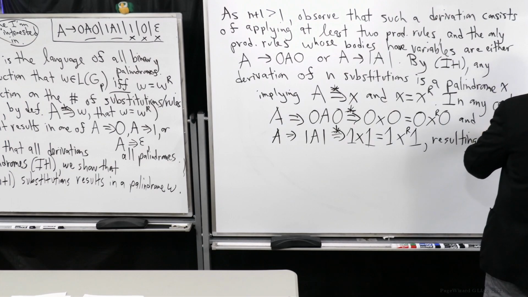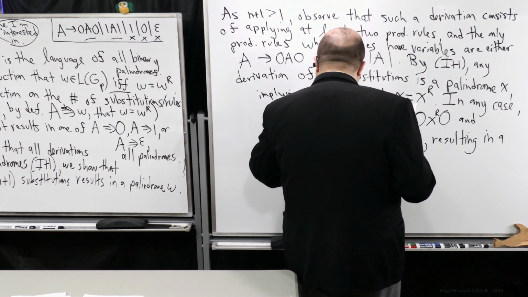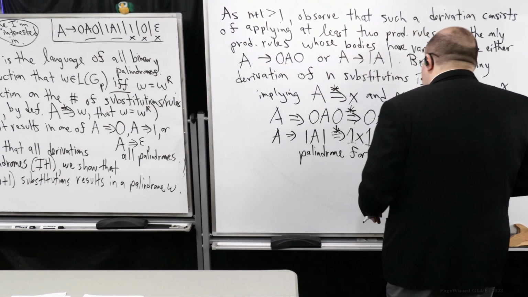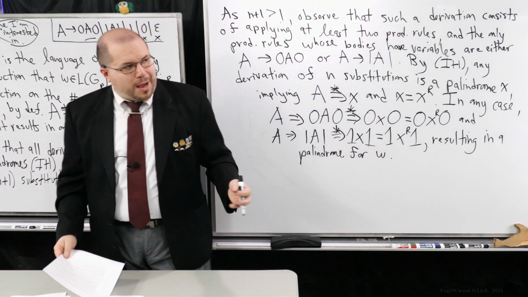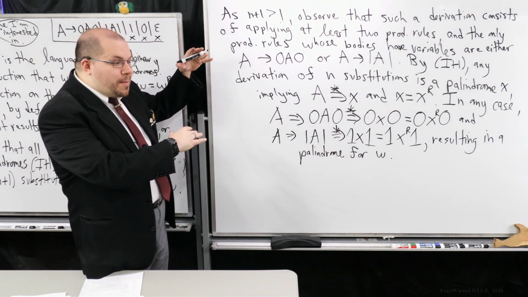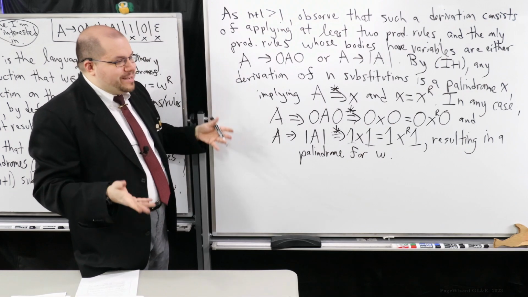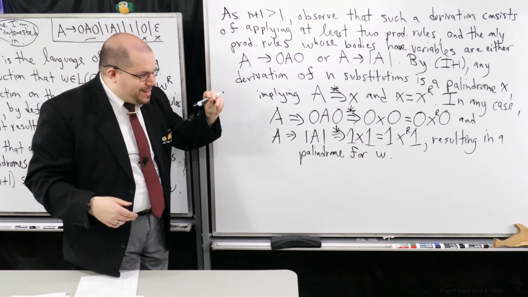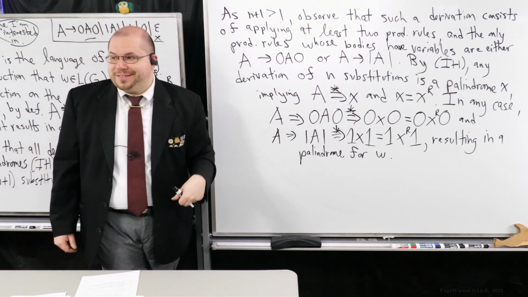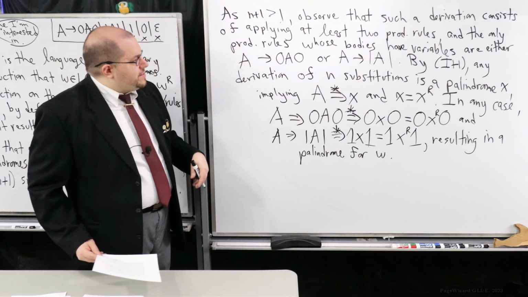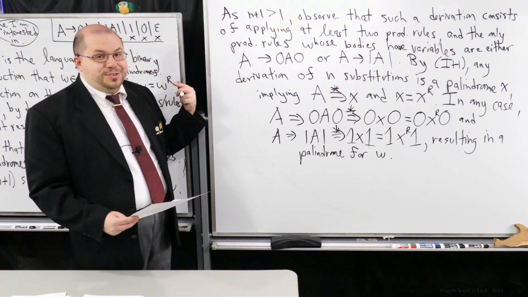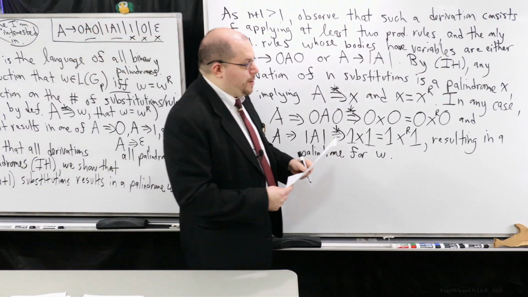Resulting in a palindrome for W. So do you notice here that when I do the induction step, I'm taking advantage of the fact that you're layering the extra step on top of the underlying structure that guarantees the palindrome. I'm just showing you how to get to x, which is coming from the previous number of substitutions. So do you see how, with an arbitrary number, if you apply the principle of mathematical induction on the number of substitutions, that this indeed qualifies for that one direction of the proof.